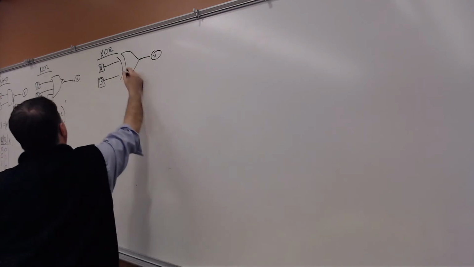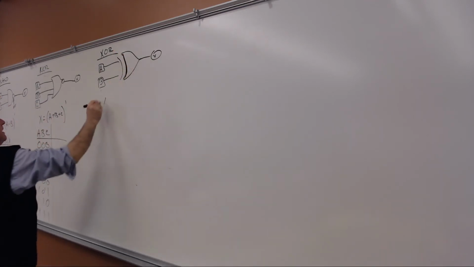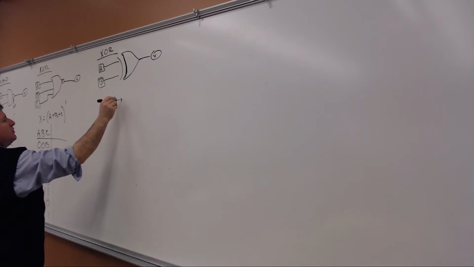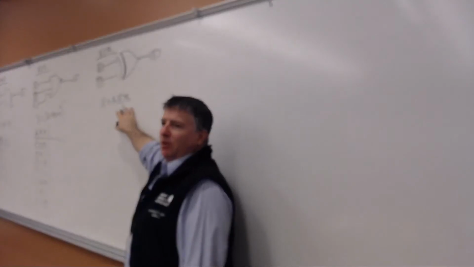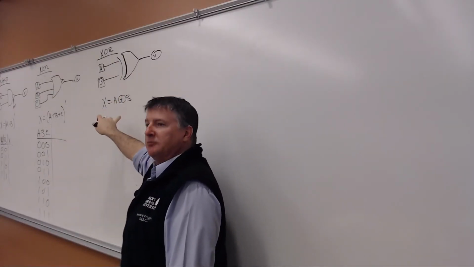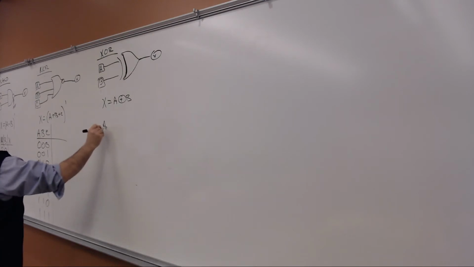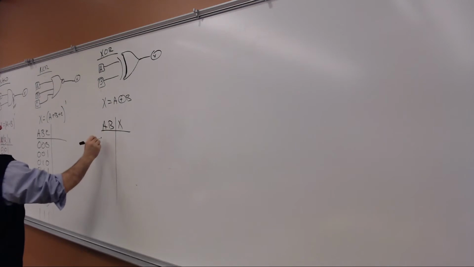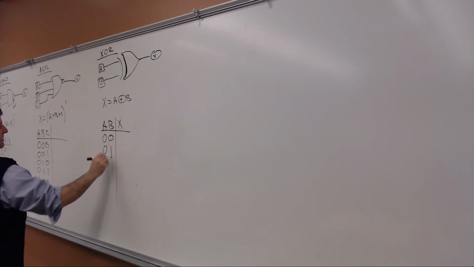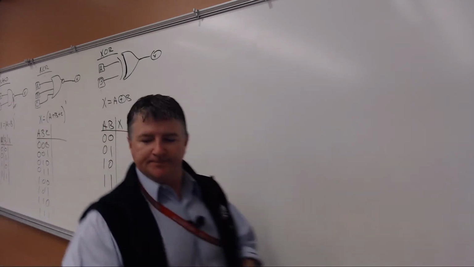There's an extra line there to represent the exclusive OR. It says X equals A exclusive OR B. The exclusive OR is the little plus symbol with a circle around it that represents exclusive OR in Boolean's world. A, B, and X. I'm not even going to bother to ask how many states because I'm going to be deeply disappointed if you don't know.